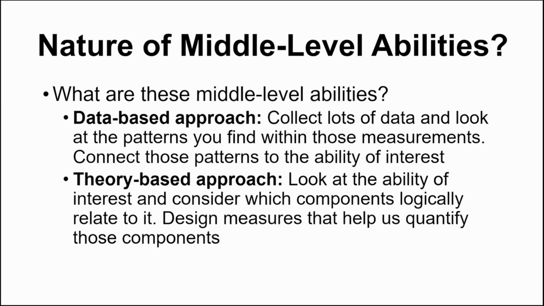To finish off this section, we're going to take some time and talk about a couple of examples of models that use a data-based approach and some models that use theory-based approaches. So for each of these, we're just going to pick a couple of highlights.